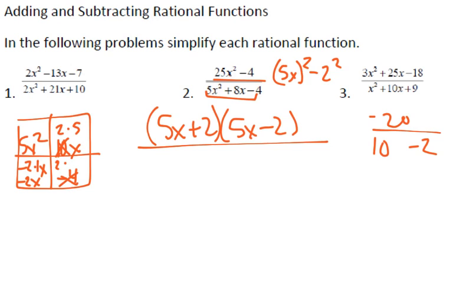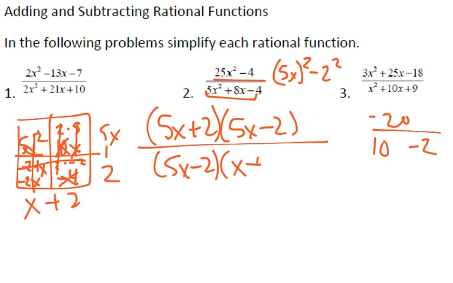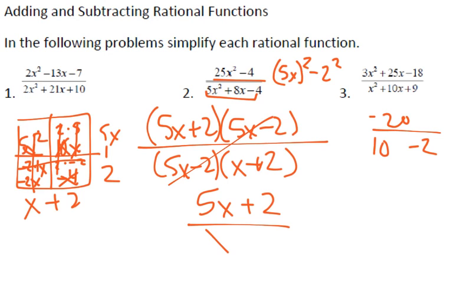Negative 4, which is like positive 2 times negative 2. So positive 2, negative 2, 5x, 5x, and just the x. So we get 5x minus 2 times x plus 2. Those cancel. We get 5x plus 2 over x plus 2.